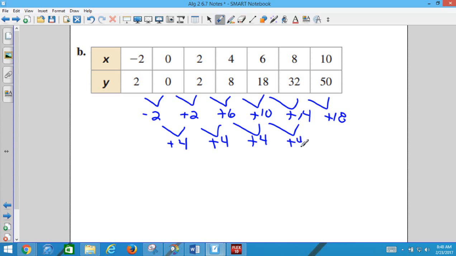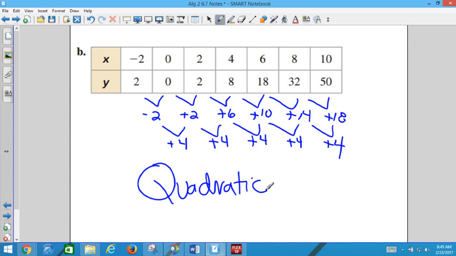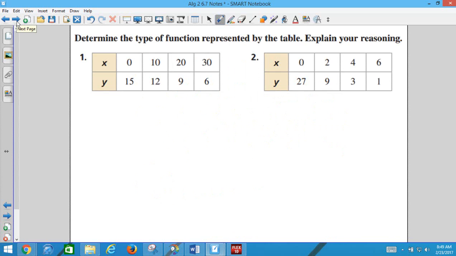So when it's constant after the second finite difference, we say this is quadratic. And then this one, we are subtracting 3 each time. It's okay if we're subtracting instead of adding. It's still constant. It's doing this exact same thing, so this is linear.